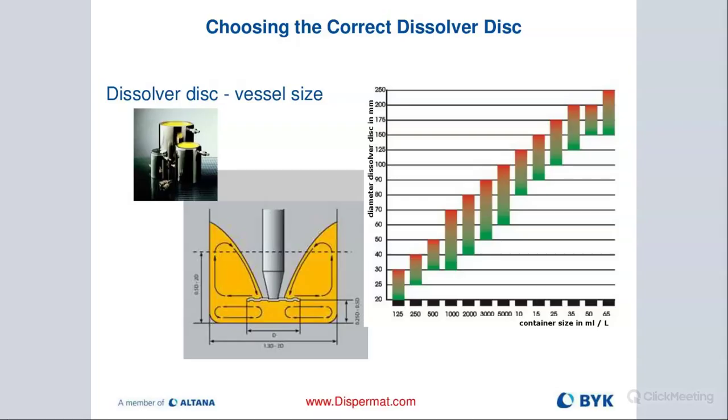For the low viscosity range, we want to reduce our blade diameter, so it's like 500 centipoise or less. You want to really use the smaller one, like 30 to 40 millimeter. If my viscosity is anywhere between 500 and let's say 5,000 centipoise, more medium viscosity, then we can increase the diameter of our blade. About 60 would be ideal.